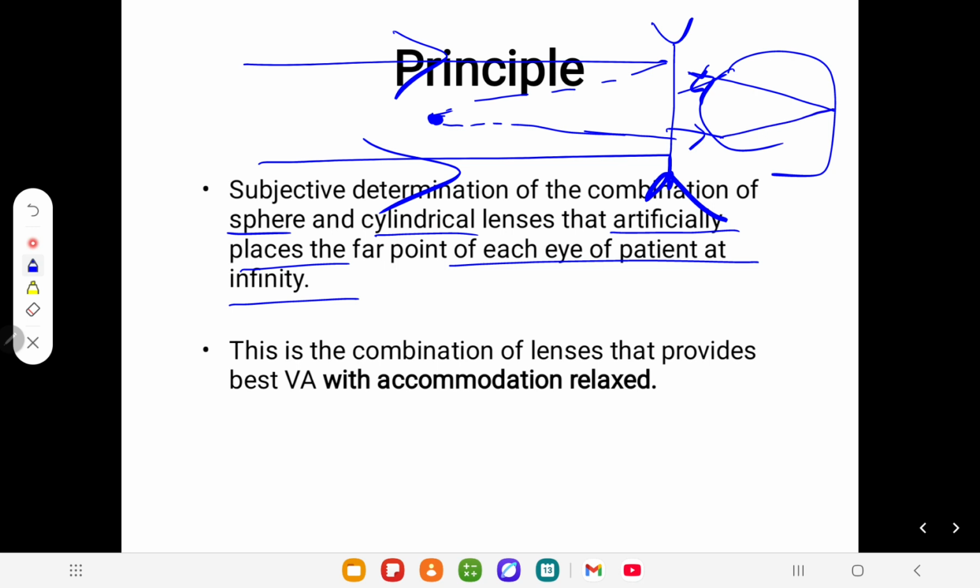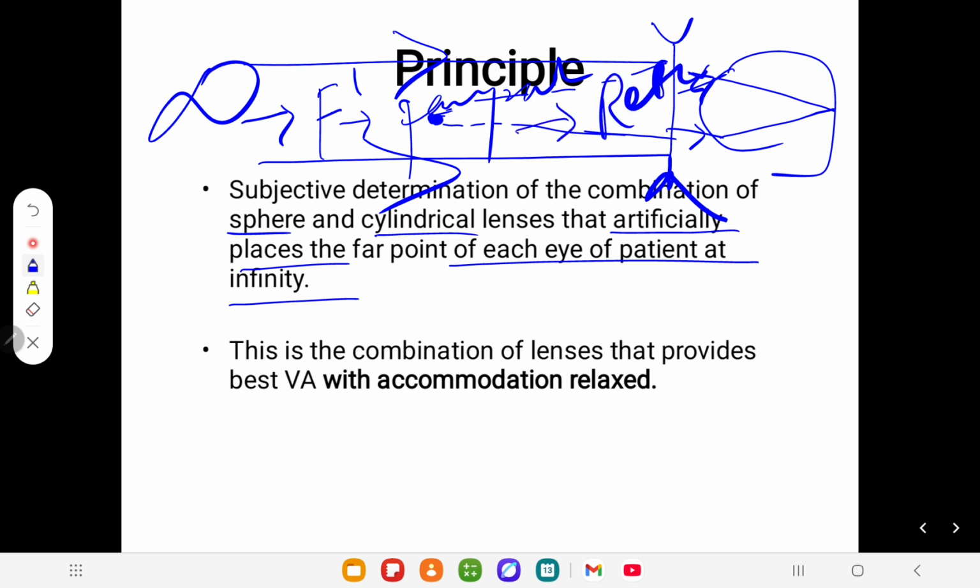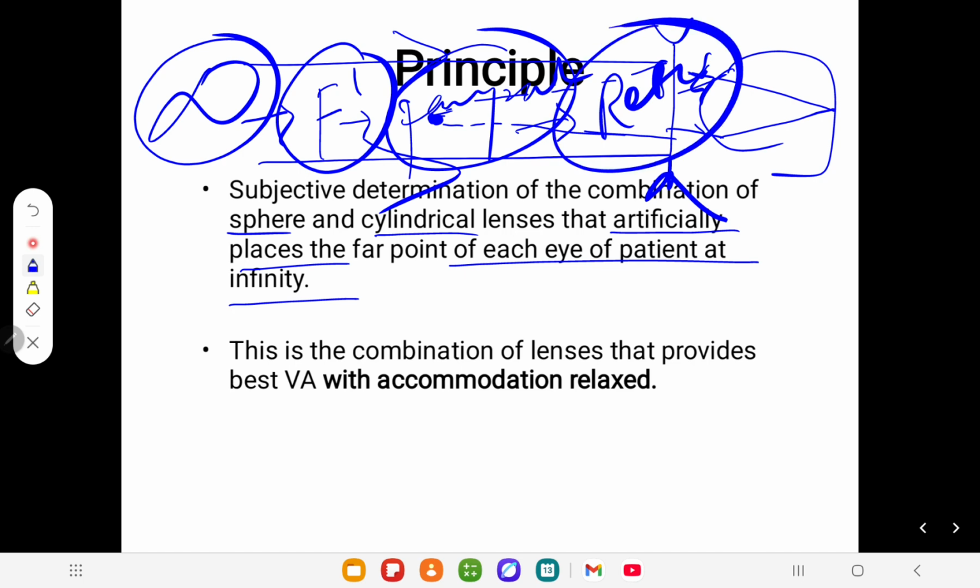That's the principle: the secondary focal point of a correcting lens must coincide with the far point of the eye. In this condition, infinity is conjugate with the secondary focal point of the spectacle, and the secondary focal point of the spectacle is conjugate with the far point of the eye. So the far point of the eye is conjugate with the retina. That's why subjective refraction happens in this fashion. Okay, just remember these things.